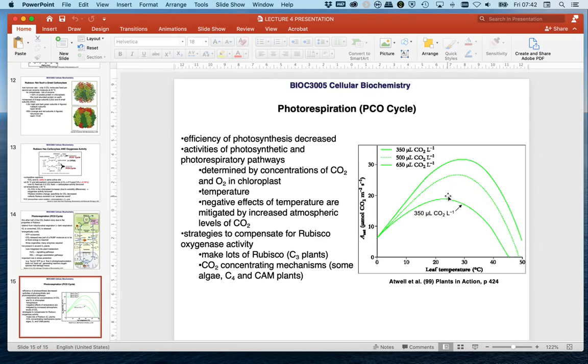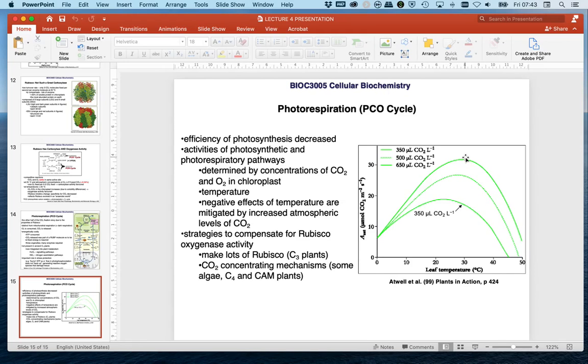And you can see that at higher temperatures, we see increased CO2 fixation, assimilation, okay, at the higher concentrations of atmospheric CO2. So high atmospheric CO2 concentrations mitigate the effects of photorespiration on photosynthesis.